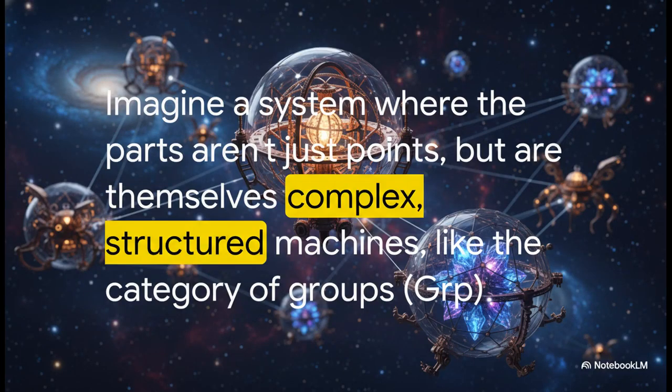To make that a little less abstract, just think about the category of groups, right? The objects are groups, and the arrows are group homomorphisms, maps that preserve that group structure. Well, an internal category in this world would be one where the collection of objects itself forms a group, and the collection of arrows forms another group. Every single part of the category is just soaked in that same algebraic structure.